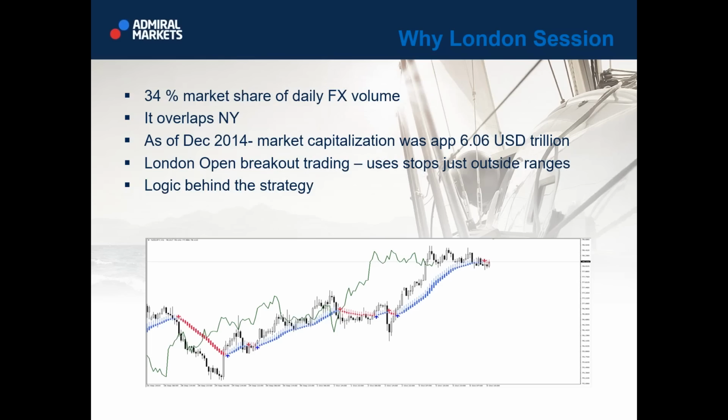I will repeat again the logic behind the strategy. Traders put stops just outside ranges. Those ranges are established during the Asia session. When the London market opens and the direction has not been definitely established, we use tight stops, and those tight stops are triggered by the increased volatility of the open.